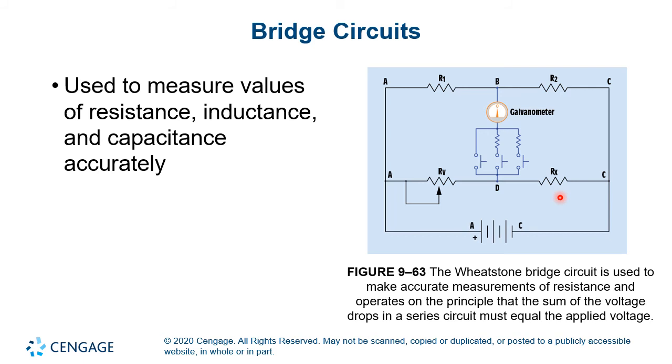It also can be used with inductors and capacitors and allows us to amplify the effect. The fact is, what we are actually measuring is voltage. That's what we'd be measuring here in this galvanometer. But the idea of this is to measure small changes in resistance. A small change in this resistance over here will be exaggerated by this setup.